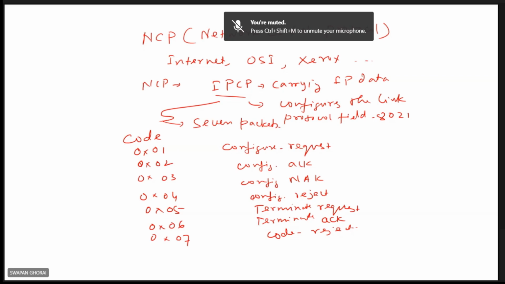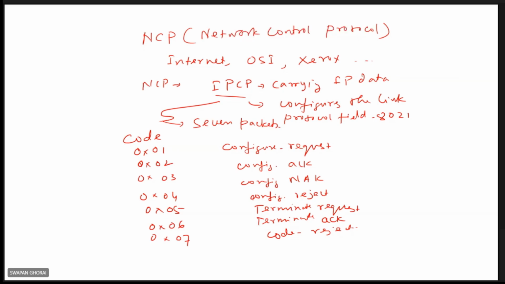So after the link configuration is completed by one of these NCP protocols, the users can exchange data packets from the network layer.